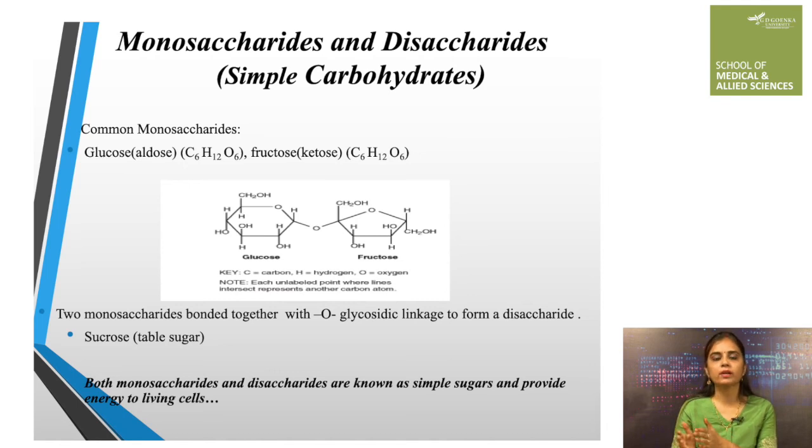C1 of 1 unit is linked to carbon 4 of the other unit, and the linkage is defined as a 1,4-glycosidic linkage. The structure is displayed in the slide: the pyranose form of glucose, which is a heterocyclic moiety, and the furanose form of fructose, but the ultimate destination is to provide energy.